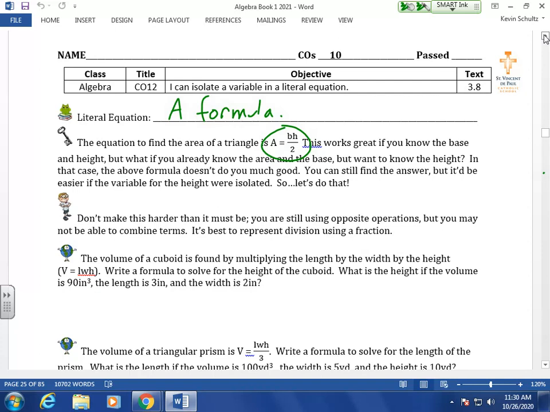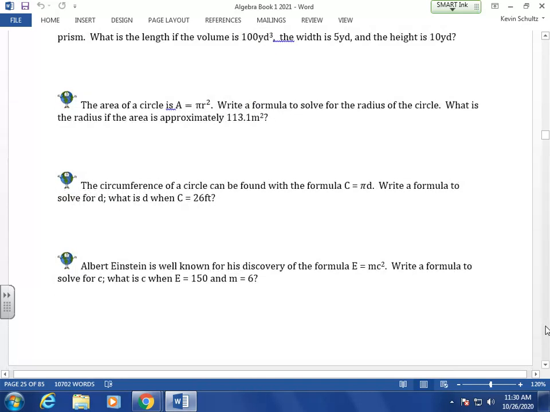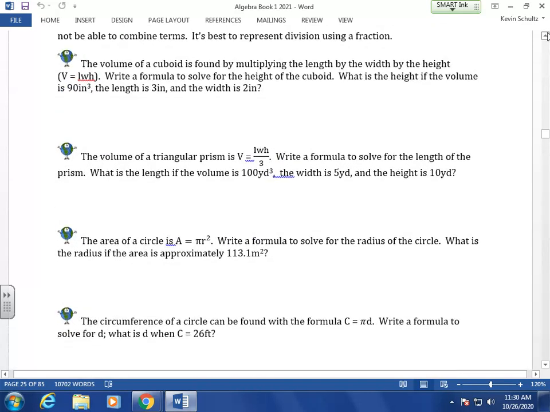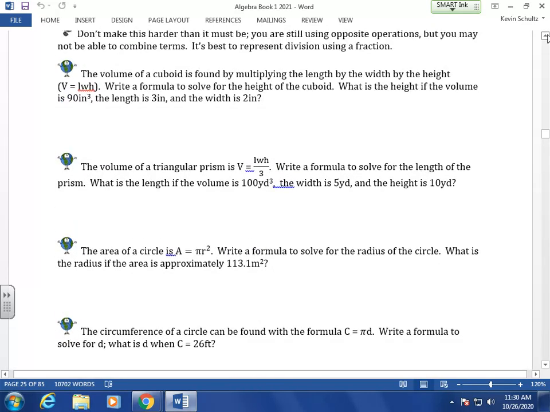And we're going to start actually with the formula for the volume of a cuboid. We work with volume in the math packets a lot. The first two shapes that we had, one was a cube, the other one was a rectangular prism. Those two shapes we lumped together in the cuboid. Love that word.